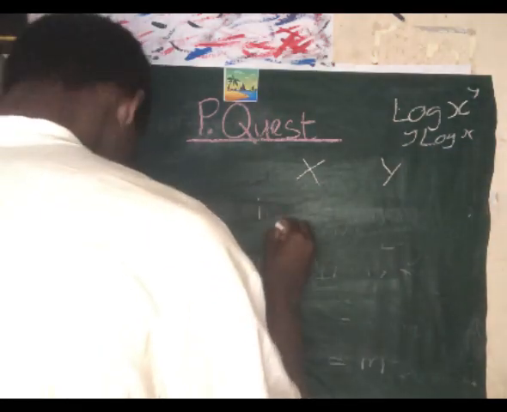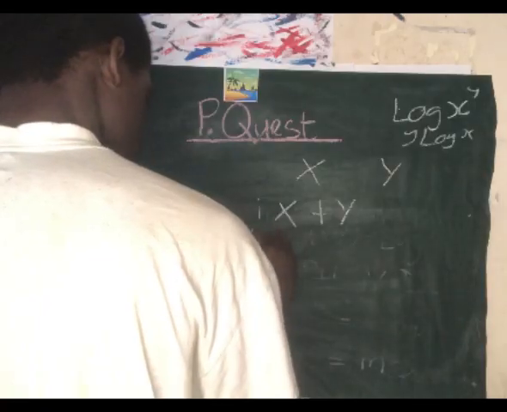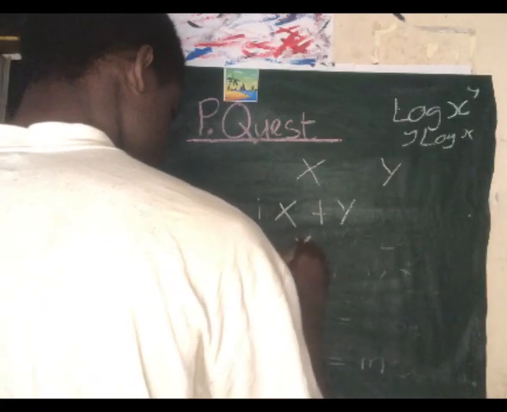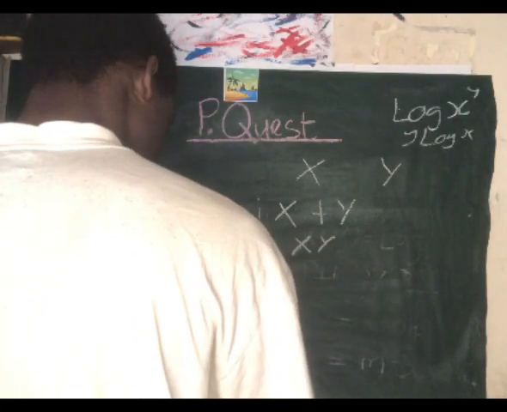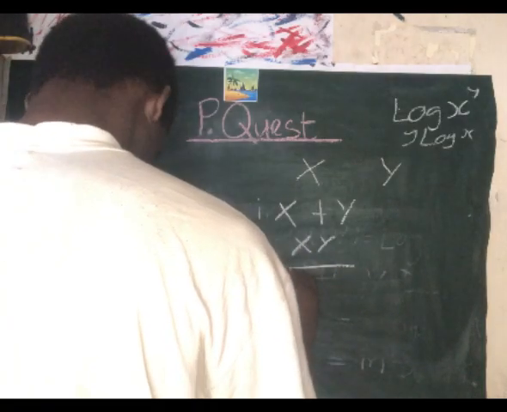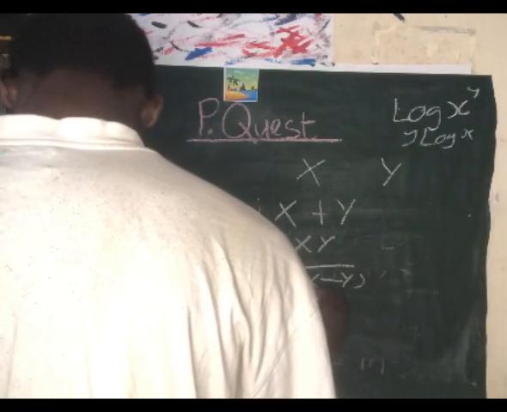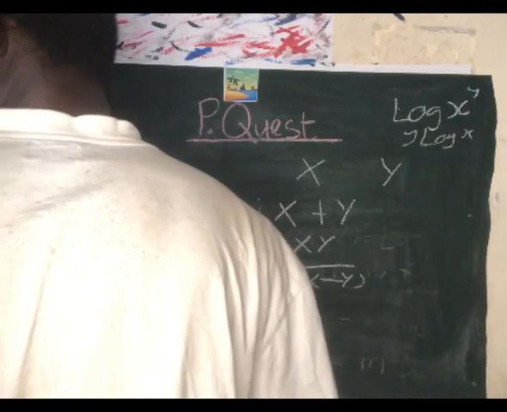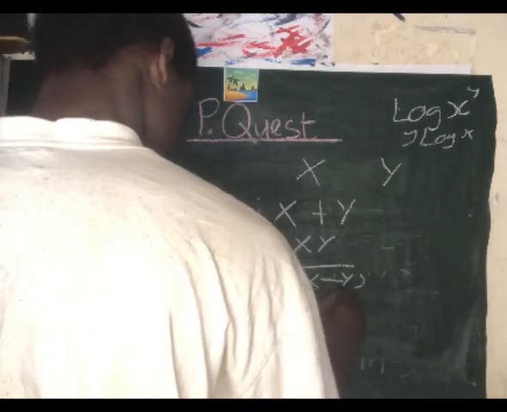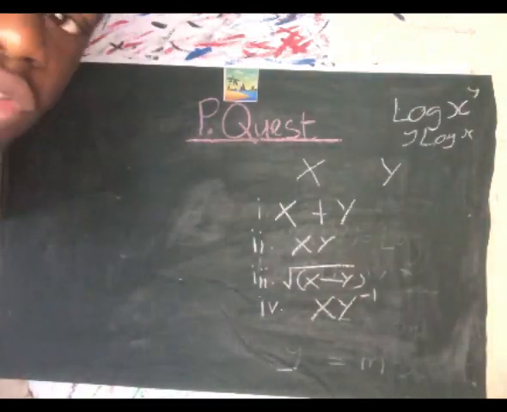They said I is x plus y, II is xy, III is square root of x minus y, and IV is xy inverse. Then I said which of the following operations is or are possible?